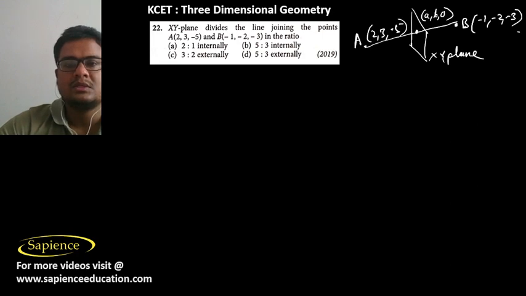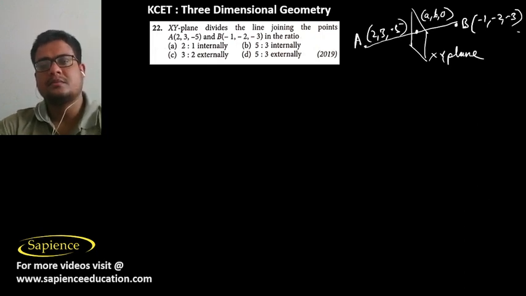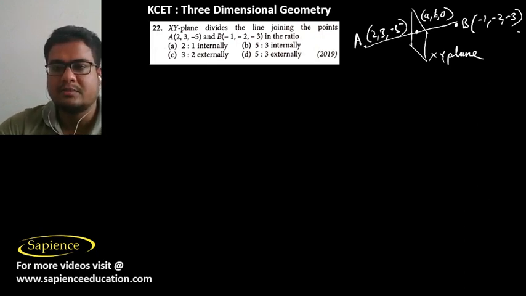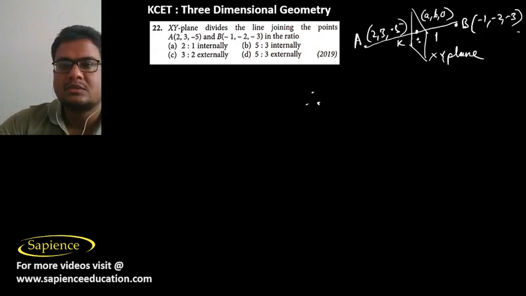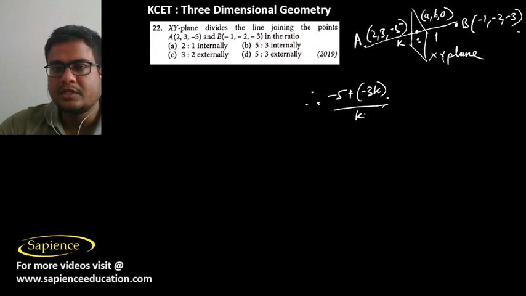Suppose the xy plane divides this line segment AB in the ratio k is to 1. Therefore I can say that the z coordinate is 0: minus 5 into 1 plus minus 3 into k, that is minus 3k, by k plus 1, equal to 0.